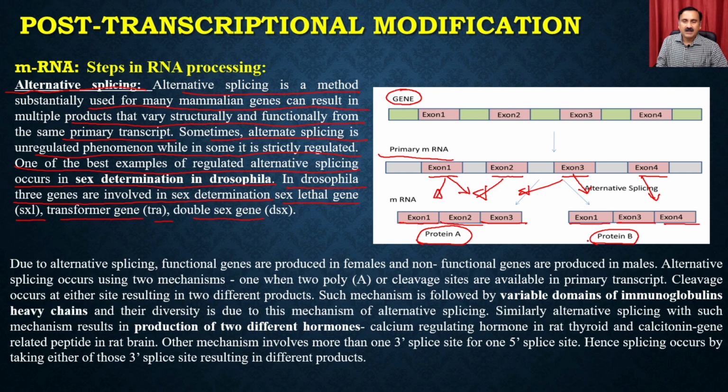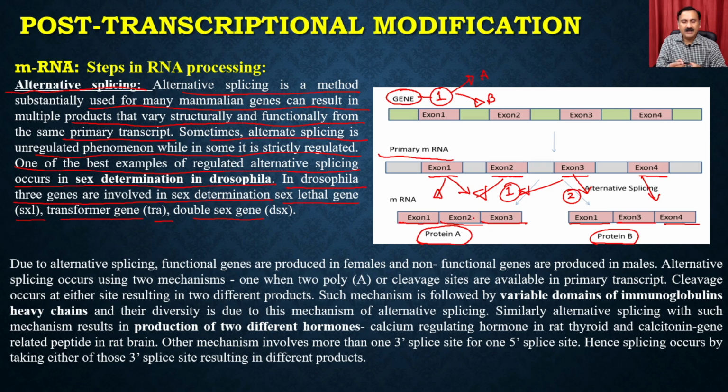If that happens, it is going to form protein B. That's why you see that from the same gene, you have only one gene, and that gene is providing 2 different types of protein, protein A or protein B, depending on whether it is going with alternate splicing mechanism 1 or alternate splicing mechanism 2.